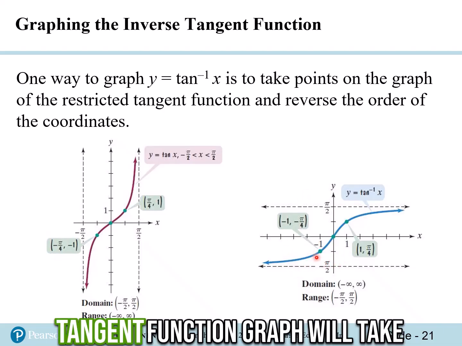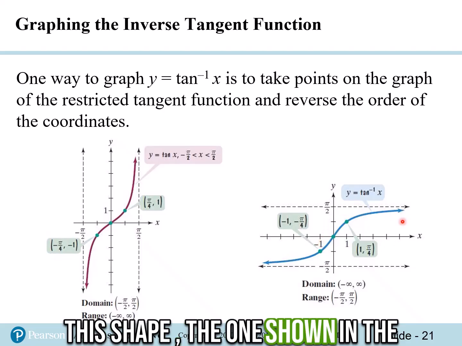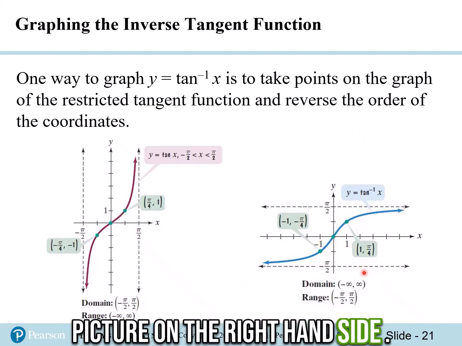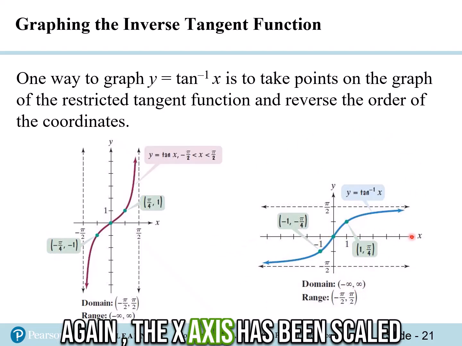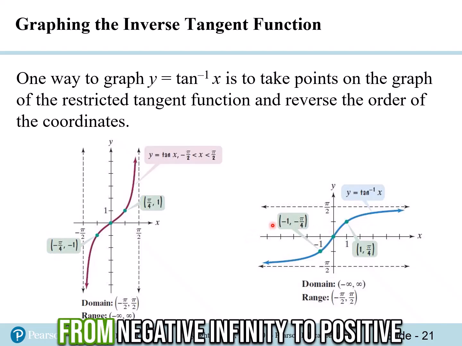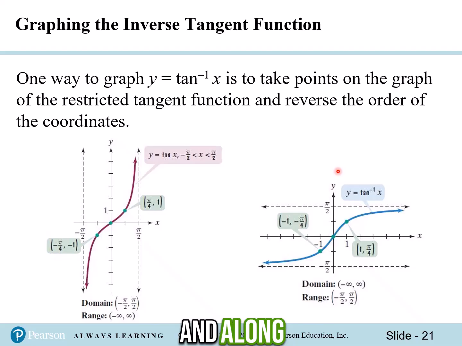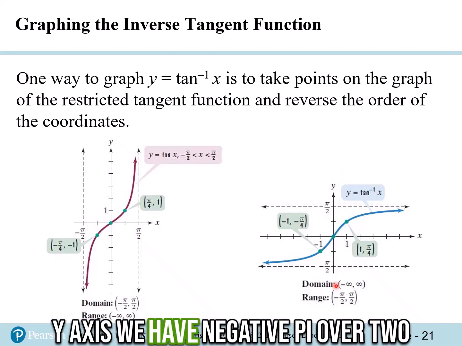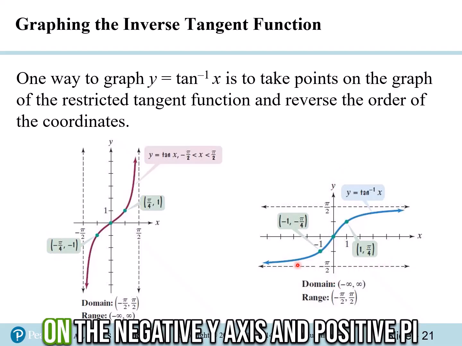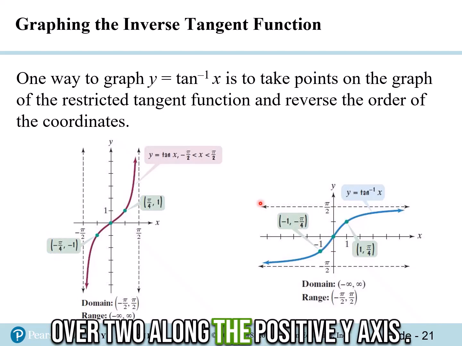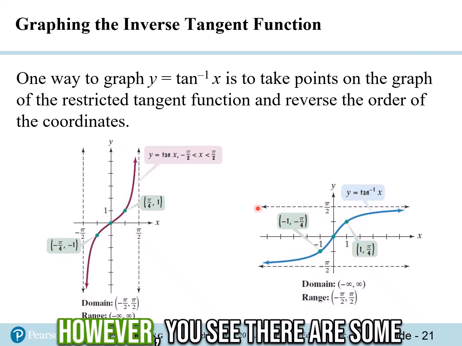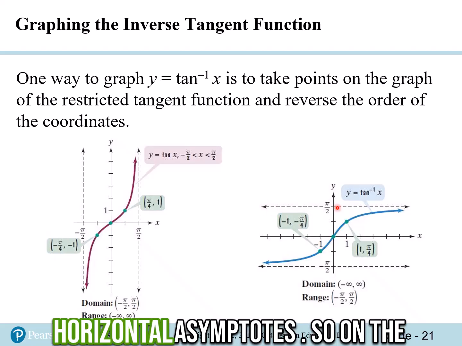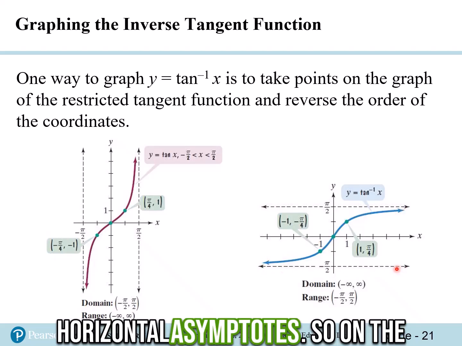So the inverse tangent function graph will take this shape, the one shown in the picture on the right-hand side. Again, the x-axis has been scaled from negative infinity to positive infinity, and along the y-axis we have negative pi over 2 on the negative y-axis and positive pi over 2 along the positive y-axis. However, you see there are some horizontal asymptotes.